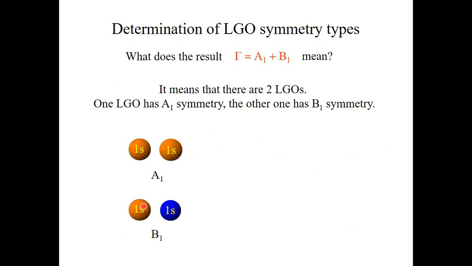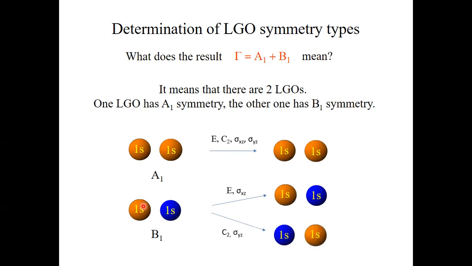Okay, so now we know the symmetry types of our ligand group orbitals. Now we need to go to the next step and determine the symmetry types of the central atom orbitals. Okay, so here's just again the illustration.